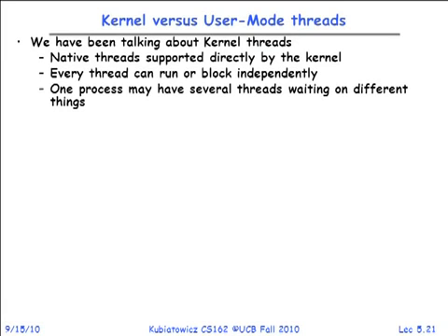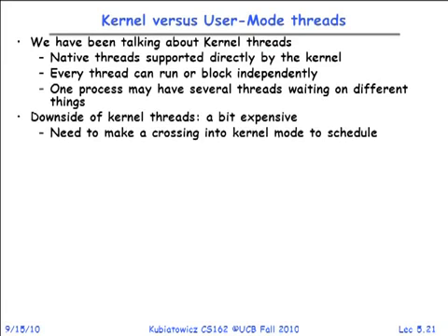Now the downside with kernel threads is they're a little expensive because you have to go into the kernel every time you want to schedule. Every time a thread gives up its schedule to another thread, you have to enter the kernel. That's a little expensive, and that led people to start asking, does this thread switching actually have to happen in the kernel?